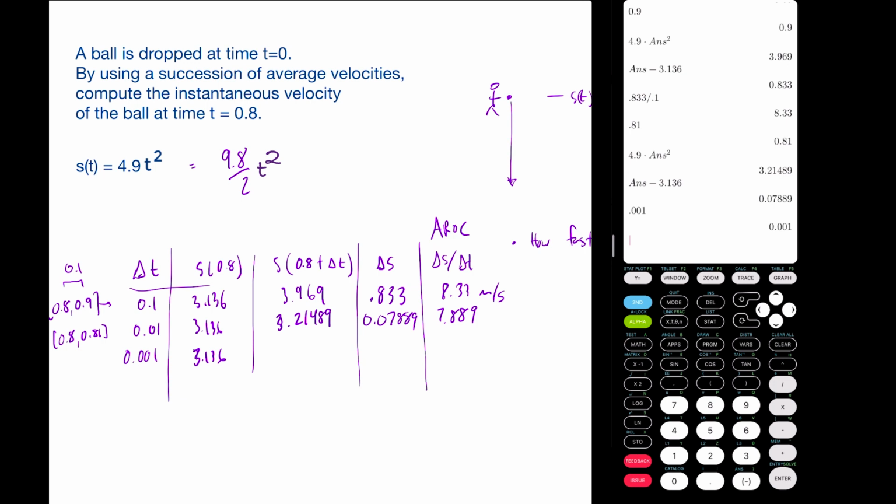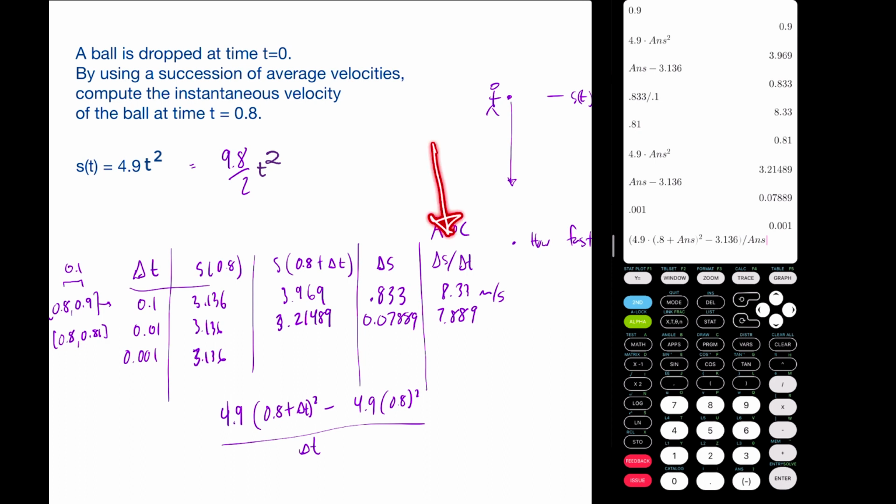So I'm going to evaluate 4.9 times 0.8 plus delta T, squared, minus 3.136, divided by delta T. So what I have written there corresponds to 4.9 times (0.8 plus delta T) squared minus 4.9 times 0.8 squared, all over delta T. And that's just what this last column here asks us to do.